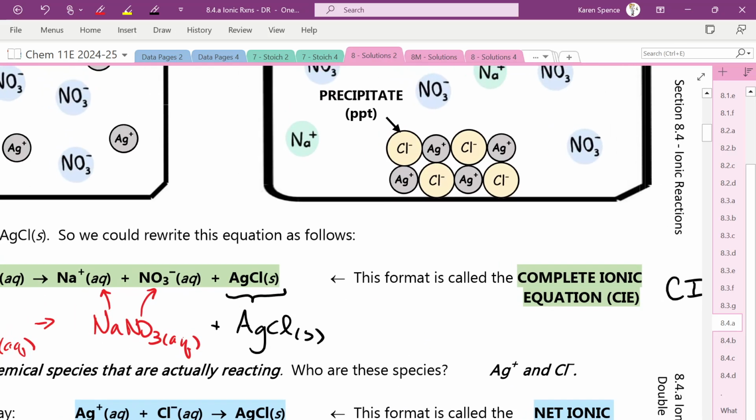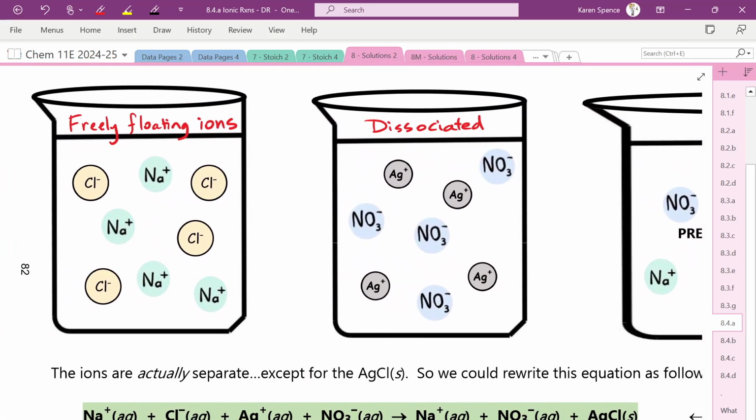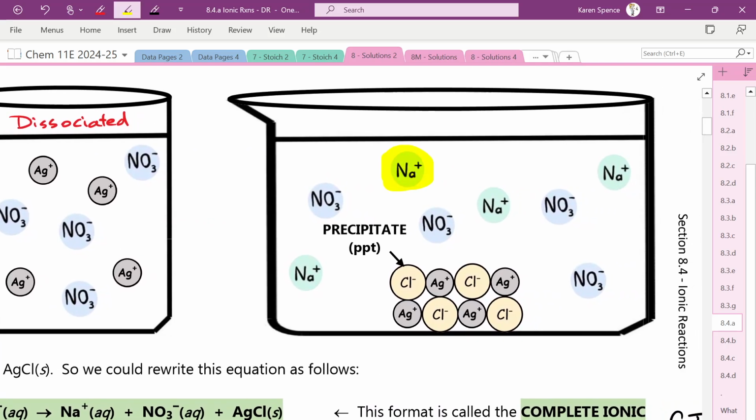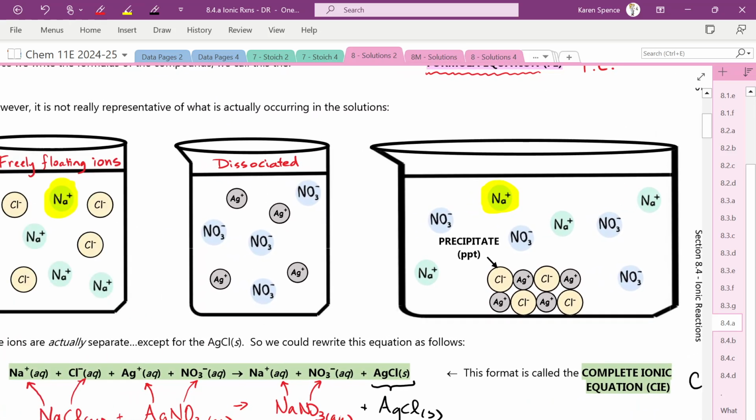Now, if we take a look at our substances up here, is sodium actually doing any reacting? How does it compare to how it was before? It's exactly the same. So sodium is actually not reacting. How about chloride? Is chloride reacting?